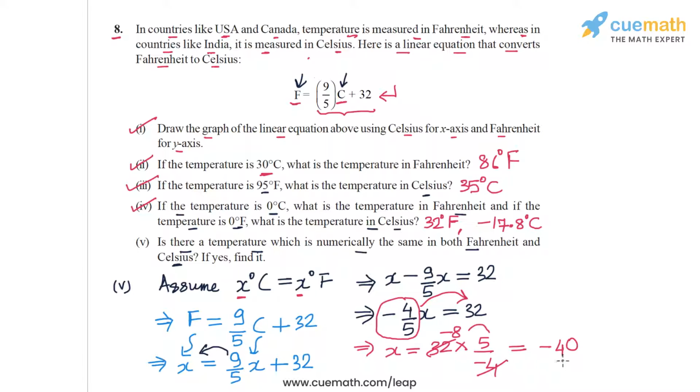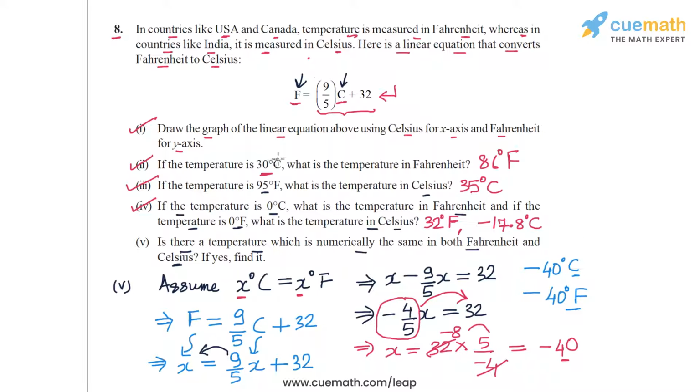The value of x we get is minus 40, which means, very interestingly, that minus 40 degree Celsius is also minus 40 degree Fahrenheit. So there is exactly one temperature which has the same numerical value in both the Celsius and Fahrenheit scale. In all other cases, the same temperature has two different values in the Celsius and Fahrenheit scale.